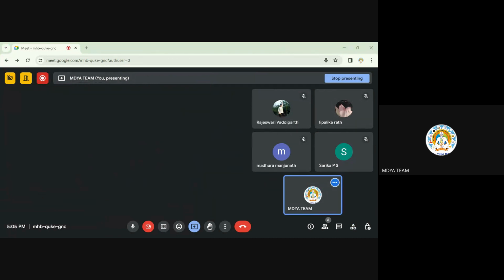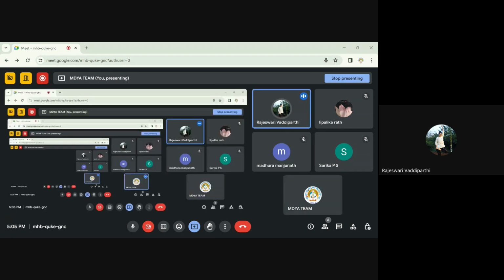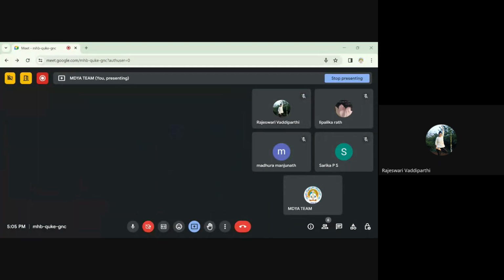Now the screen is visible. It has started, but yes, ma'am. It's types of memory in computer. We have discussed up to the RAM. One second. Sarika, Madhura, can you see the screen, or is it black for you also?